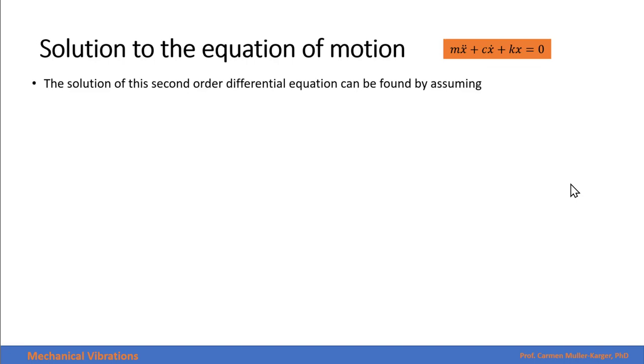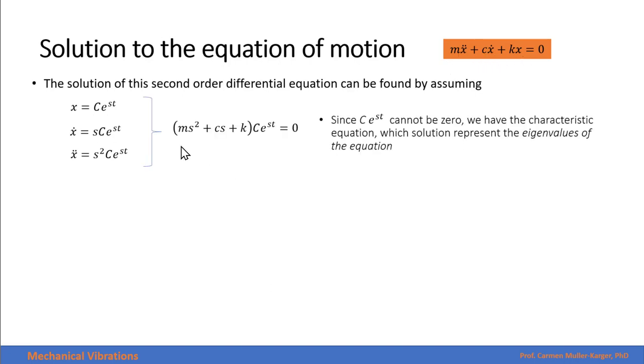The solution of this second order differential equation can be found by assuming that the function is a constant C times e to the st. If we differentiate this expression, we get sC e to the st, and if we differentiate again, we get s squared C e to the st. If we substitute these three terms in our equation of motion, we get this expression right here.